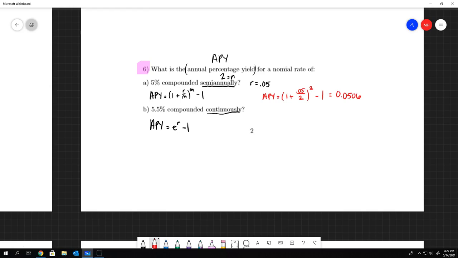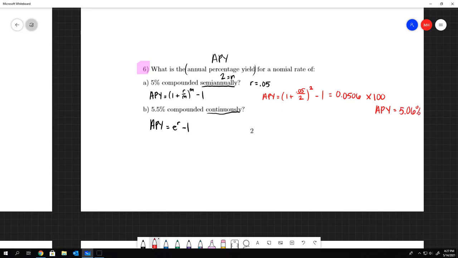Now, this does say annual percentage yield. Well, this is not a percent. To make this into a percent, I would multiply this by 100, so we'd move our decimal place over twice, and our APY would be 5.06%.